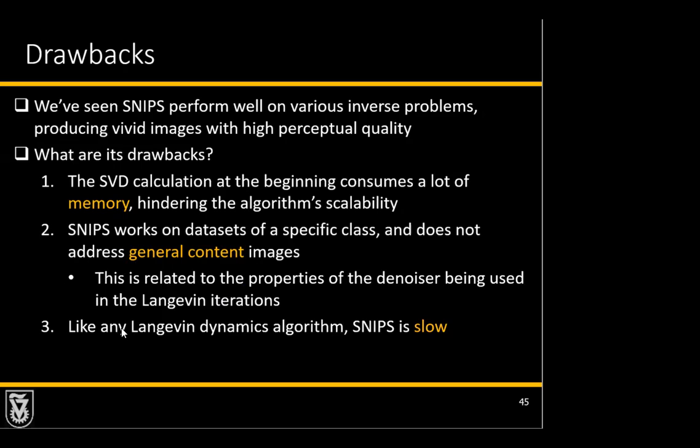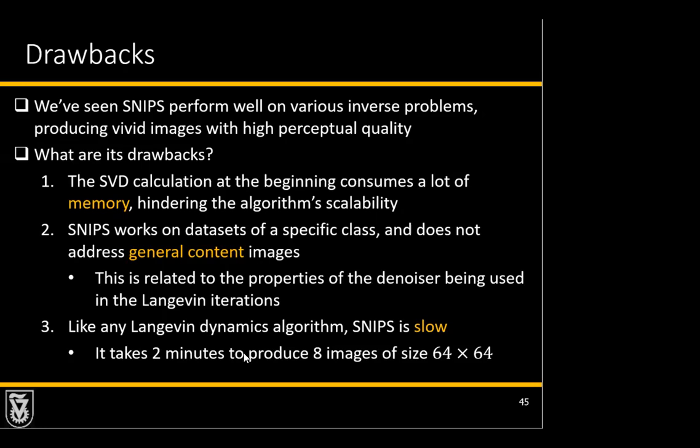And another major drawback is that SNPs is slow. For example, it takes 2 minutes to produce 8 face images of size 64 by 64. This is, of course, not a characteristic of specifically our algorithm, but a characteristic of all Langevin Dynamics algorithms. We need more than 1,000 iterations for the algorithm to converge, and this is why it takes 2 minutes.